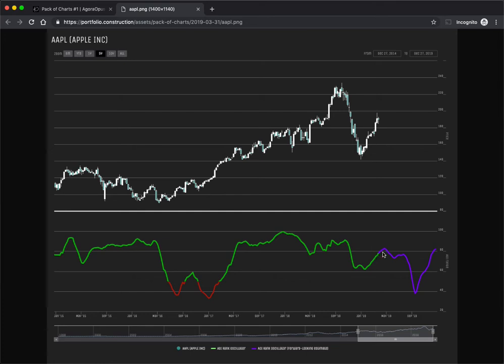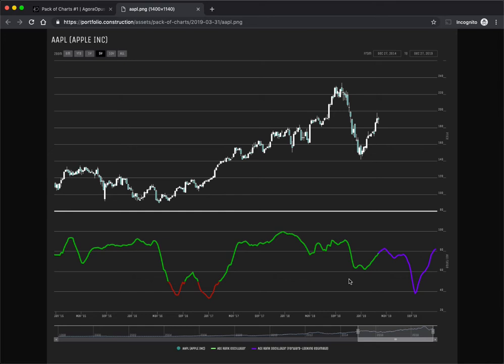Then there's this blue line here, which is a forward-looking estimate. So that's us trying to predict what the rank value of Apple will look like into the future. And what we're seeing is that it will remain around the same level for a little while, heading down a bit before heading down a lot more, all the way down to 40, before heading back up again.